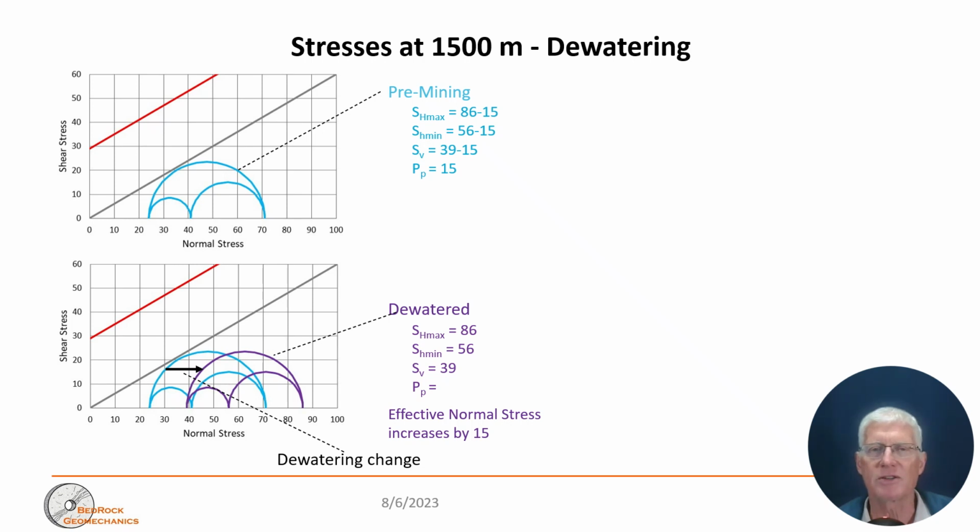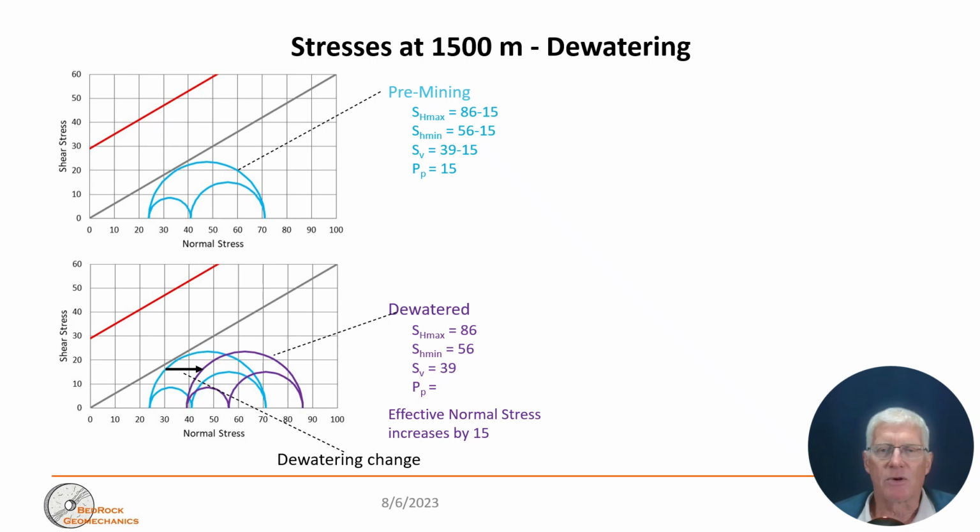So I've taken the stresses 86, 56, and 39 and reduced them all by the value of the pore pressure, or 15 MPa. So that's a pre-mining state of stress before we're dewatering, assuming a hydrostatic state of stress where the water pressure is just related to the height of the column, and that would be either fresh water or brine. It might make a big difference how salty the water is.